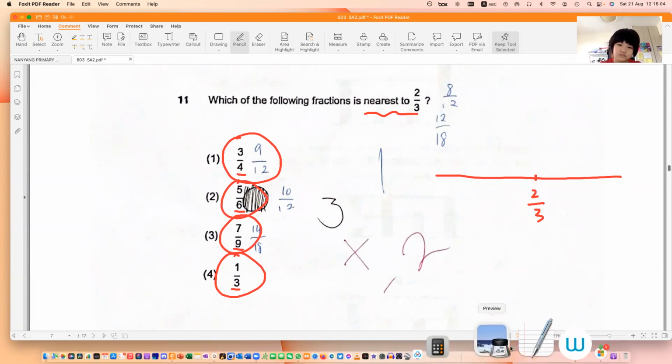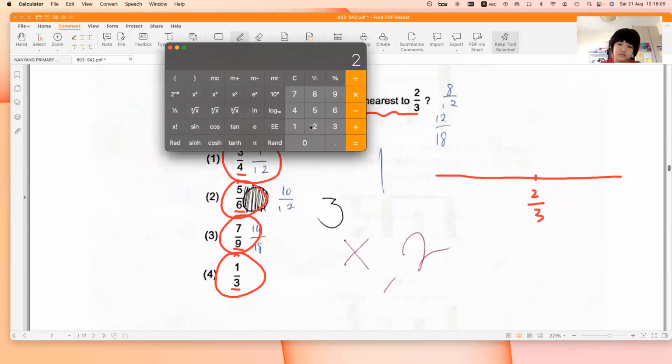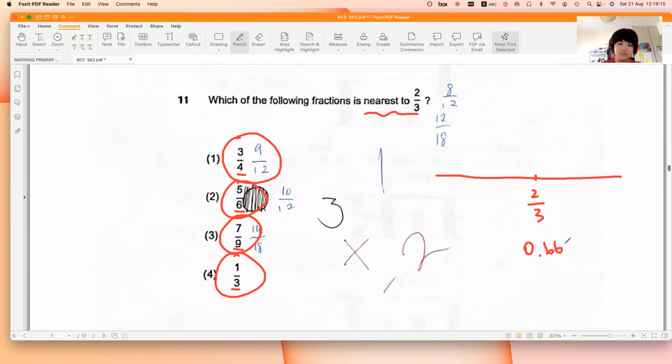Let me launch my calculator. You have 2 divided by 3, which is 0.6667, right? And then of course you have 3/4, which is 0.75.